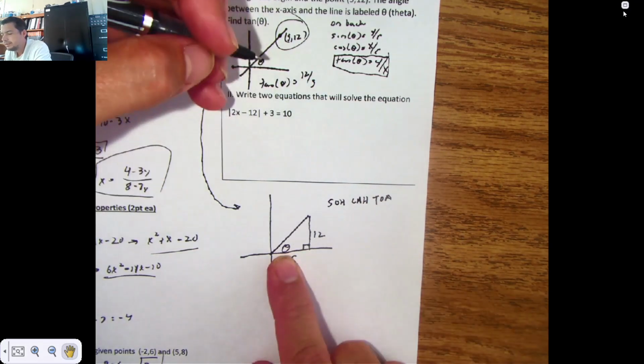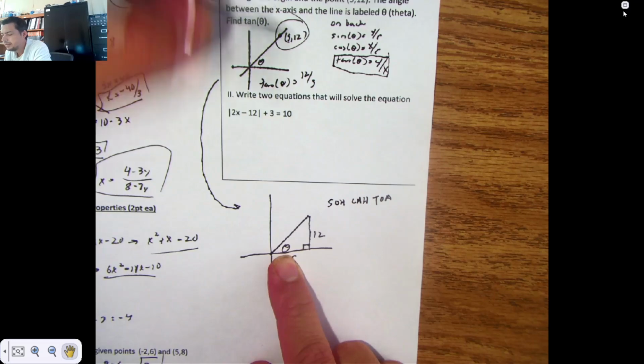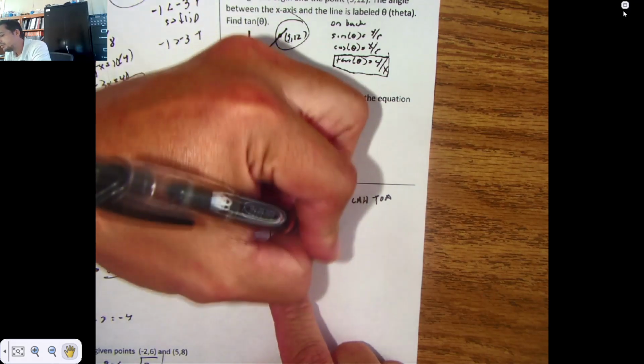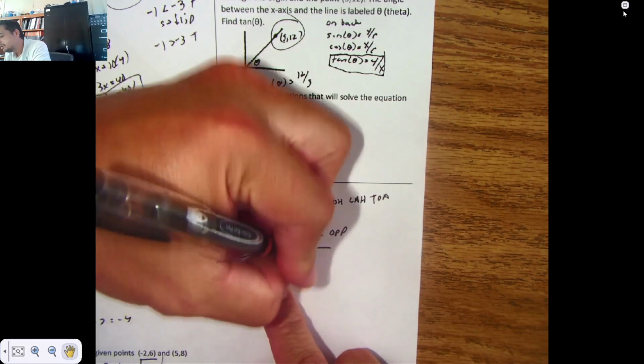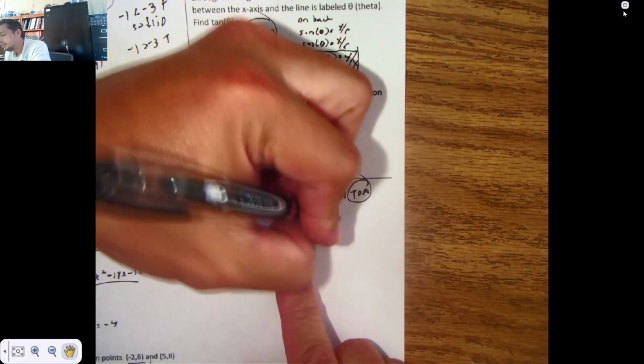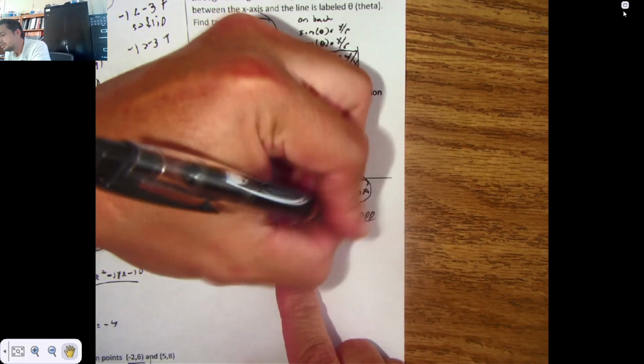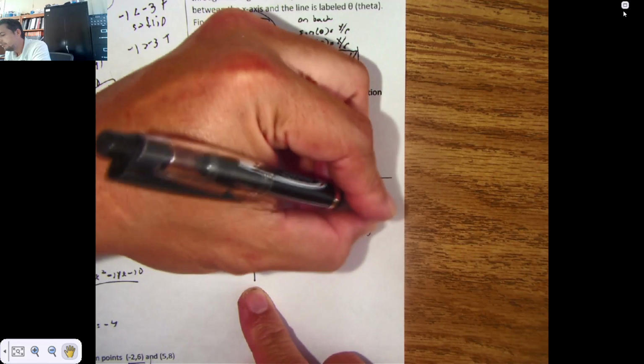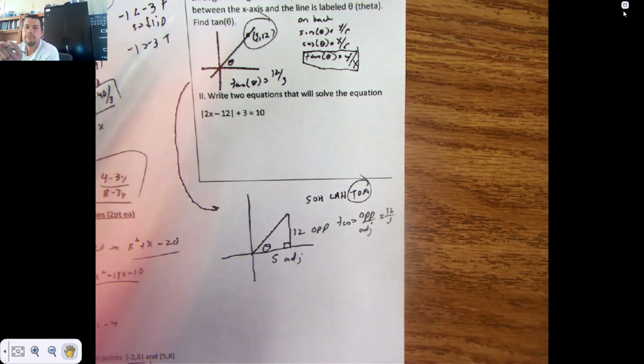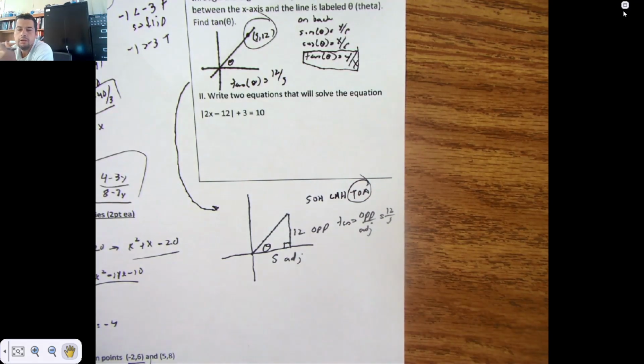If theta is stuck between the x-axis and this line, then 12 is opposite and 5 is adjacent. Tangent is opposite over adjacent, so I get 12 over 5. Now, at least half of you will never look at this and you'll be like, bleh. Whatever. You do you.